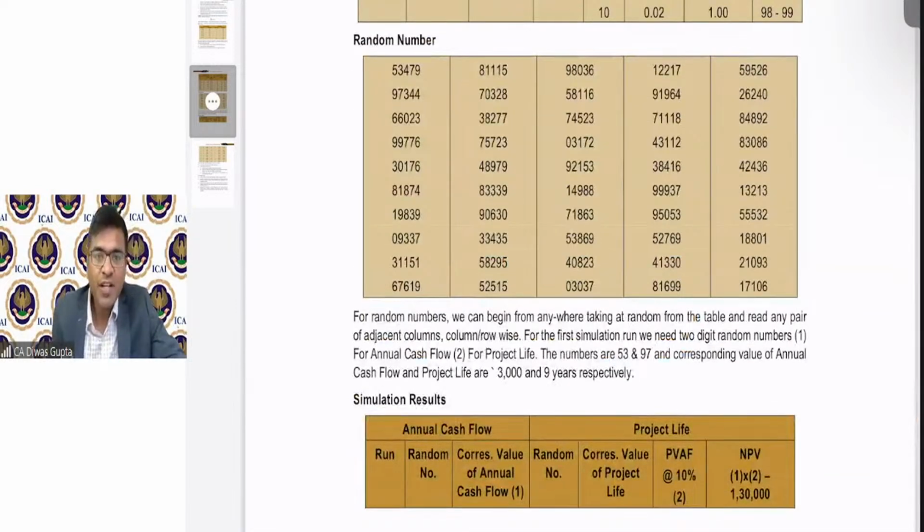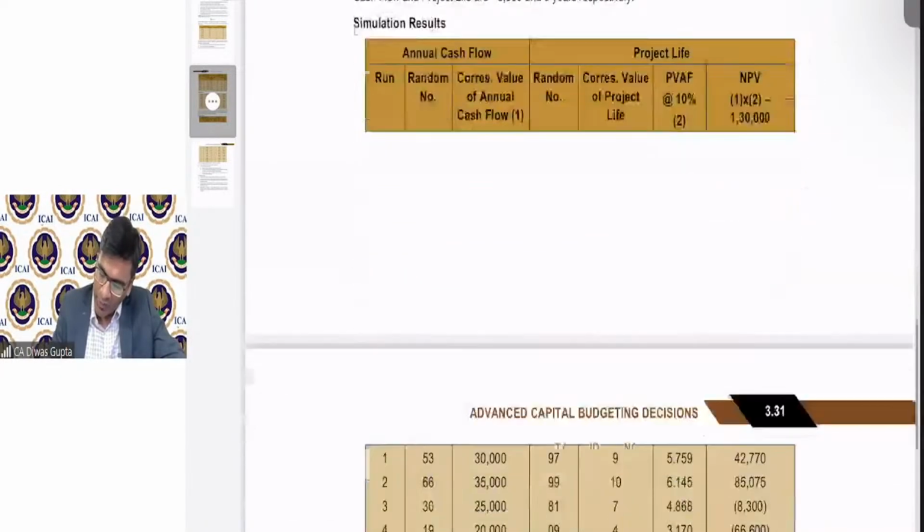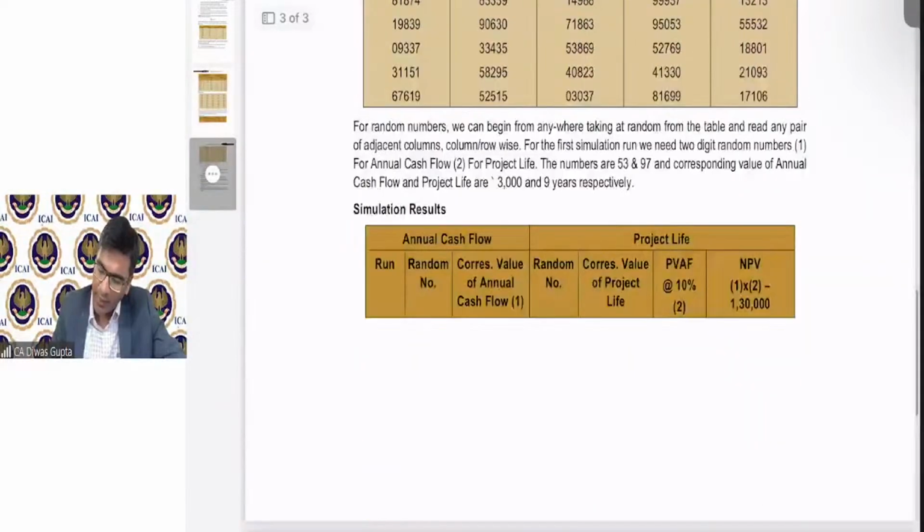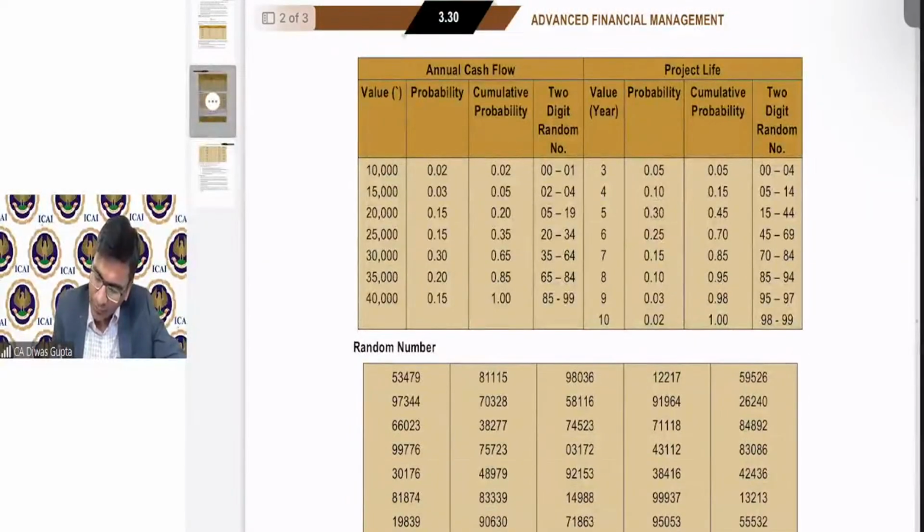So read the first random number 53479. For that, the first two digits have been taken, 53. Now, if you see this 53 in the annual cash flow table, it comes as 30,000. 53 is falling here, 35 to 64. So hence we have taken 30,000.